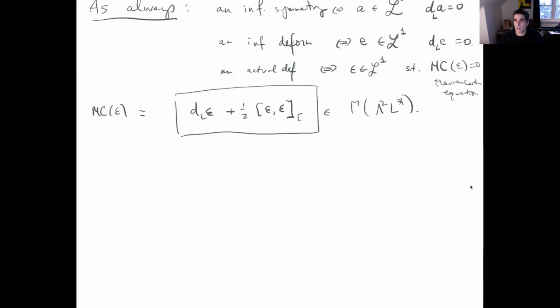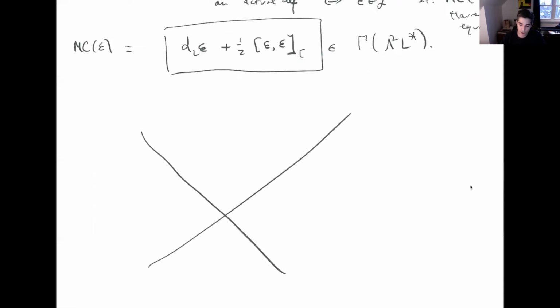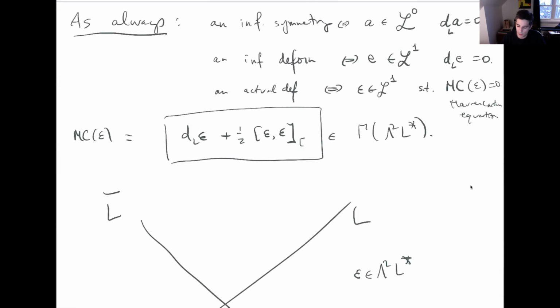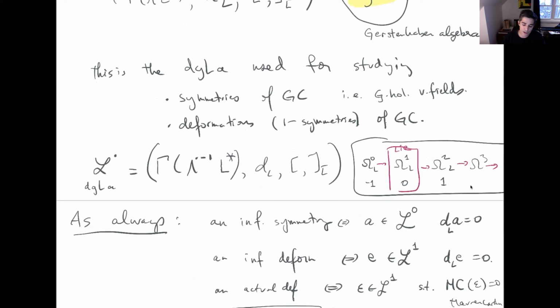Okay, and the nice thing is that there's a very clean geometric interpretation for this. If we look at the picture of L and L bar, we notice that epsilon is in wedge 2 L star. Oh, I'm sorry, I got the grading screwed up. When I take dL of epsilon, epsilon is supposed to be of degree 1, which means that it's in wedge 2 L star.